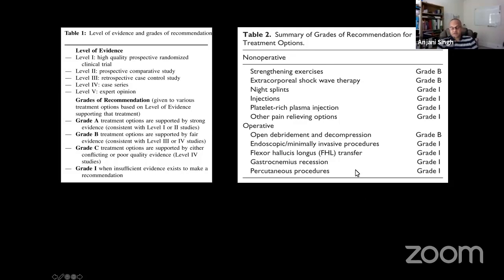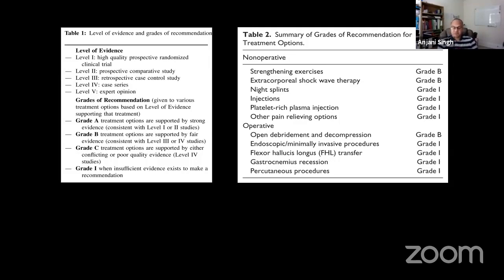FHL tendon transfer is again an I, because we haven't got a huge cohort of people who have this surgery. Although there are some new studies recently published, which have shown that these do tend to work better in patients who have recalcitrant tendinopathy. And again, it depends how much of the tendon substance you have to take out.